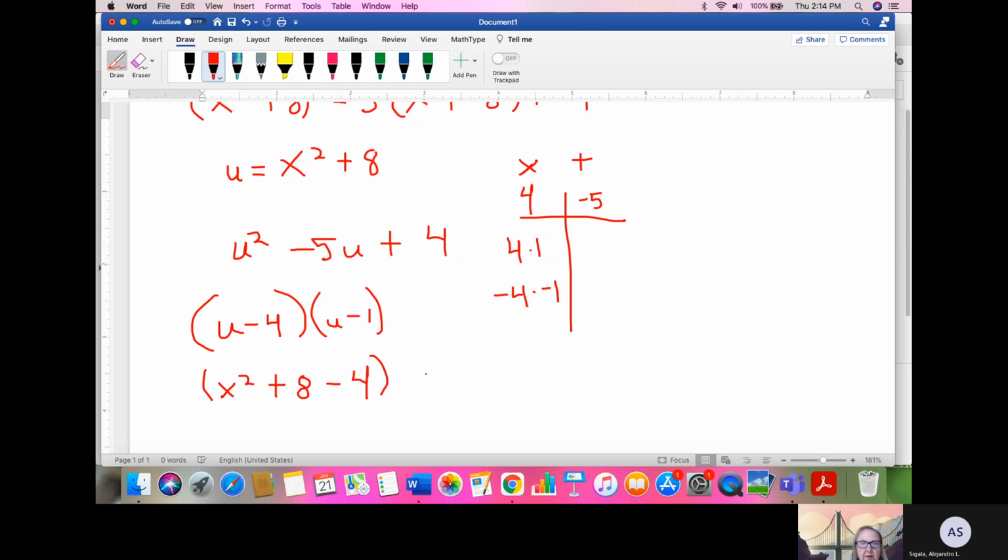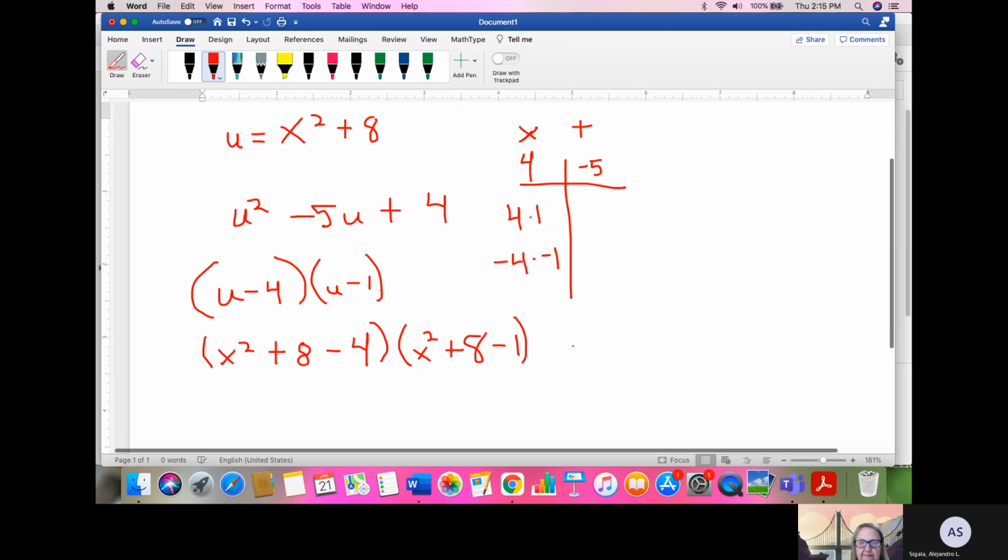And then this one, x squared plus 8, and then -1 from this -1 right there.